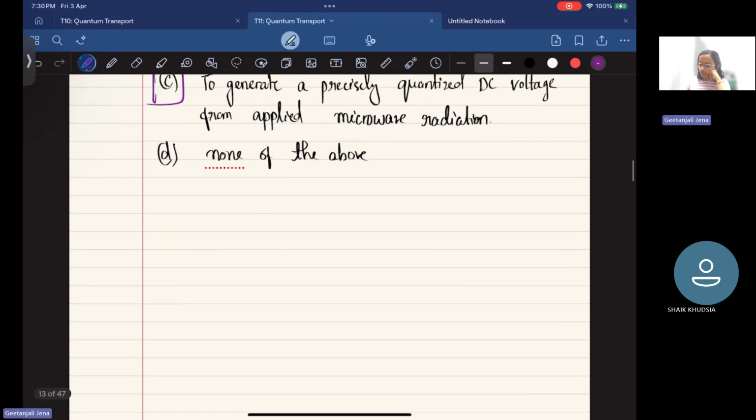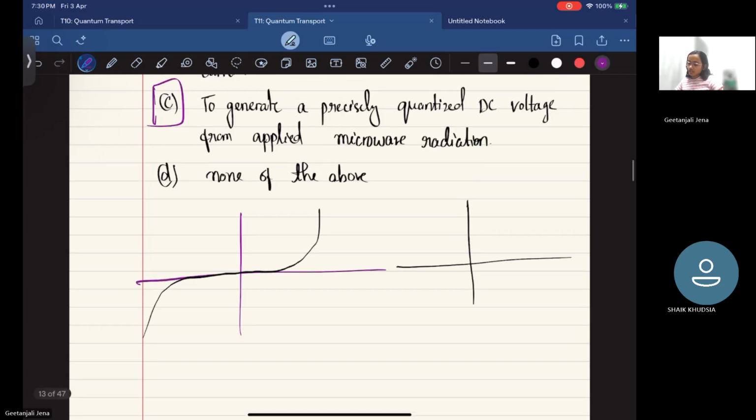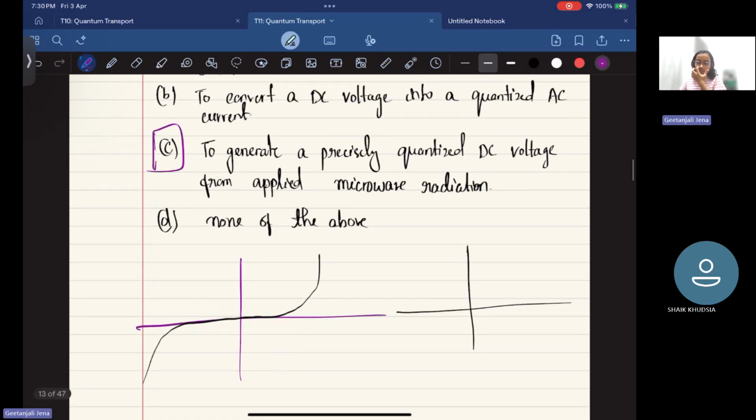If you recall, when there is no AC voltage applied, or no inverse AC Josephson effect, you will see a graph like this, right? But once you apply an AC voltage as well as the DC voltage, you will see a step-like structure, which we call Shapiro steps.